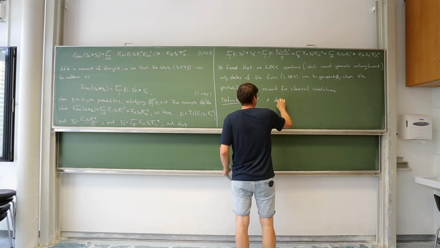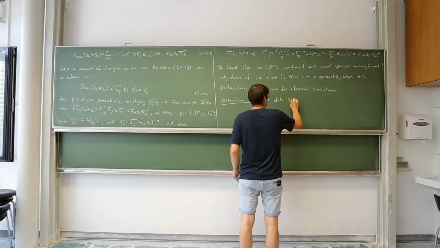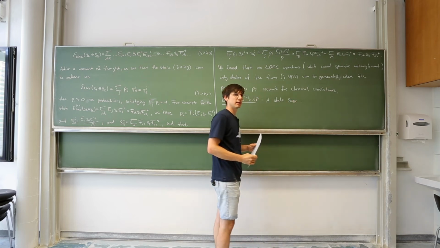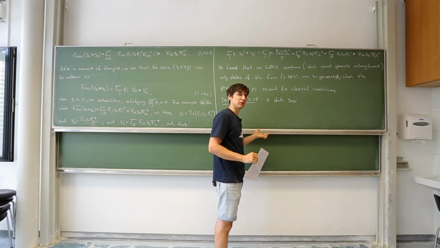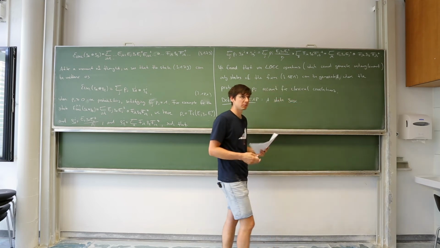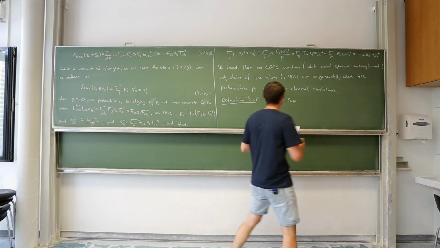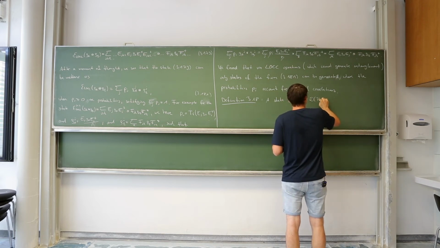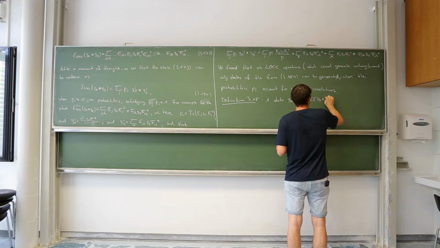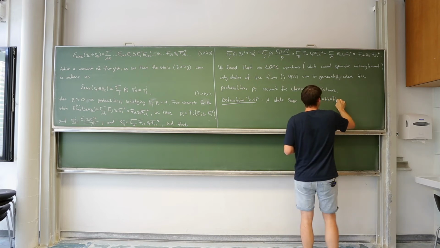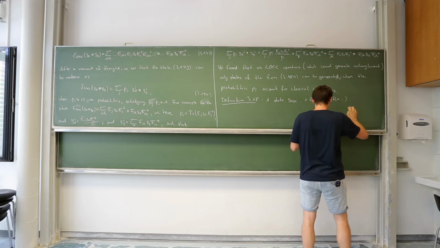A state rho ABC... Now I consider a multipartite state because I want to define this in a more general setting. But usually what we consider are bipartite states. But let me define this for a multipartite state, living on the composite system HA, HB, HC, and so on.